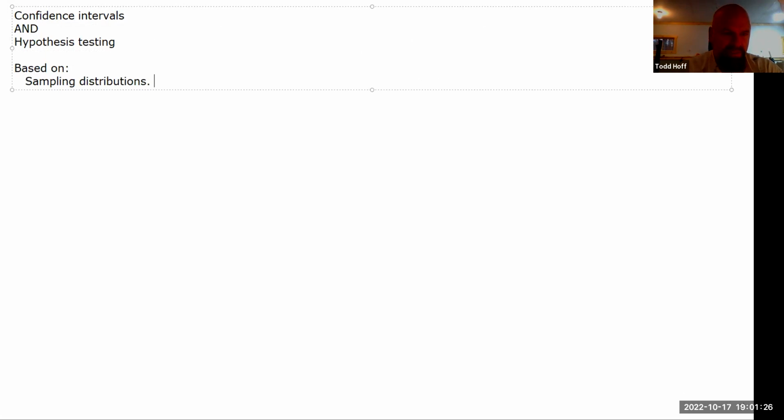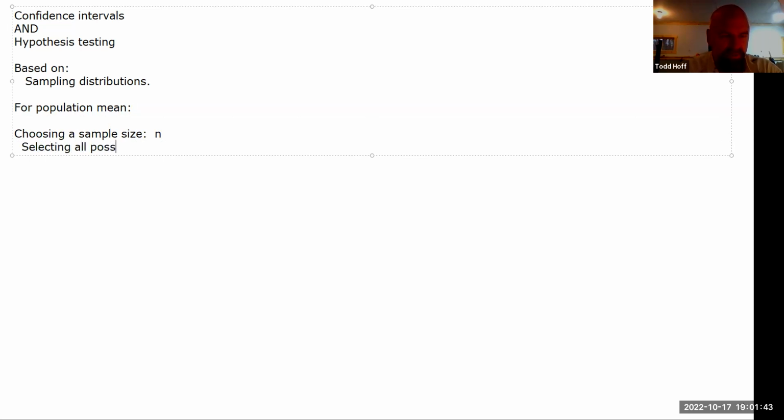Now remember the sampling distribution, let's just, for example, say for a population mean, it involved choosing a sample size. And we're just going to let that sample size be n. And selecting all possible samples of size n from the population.